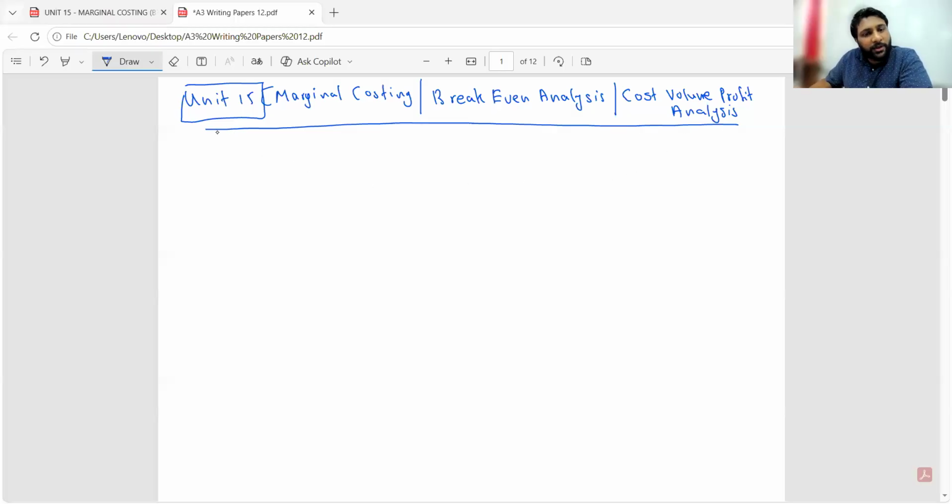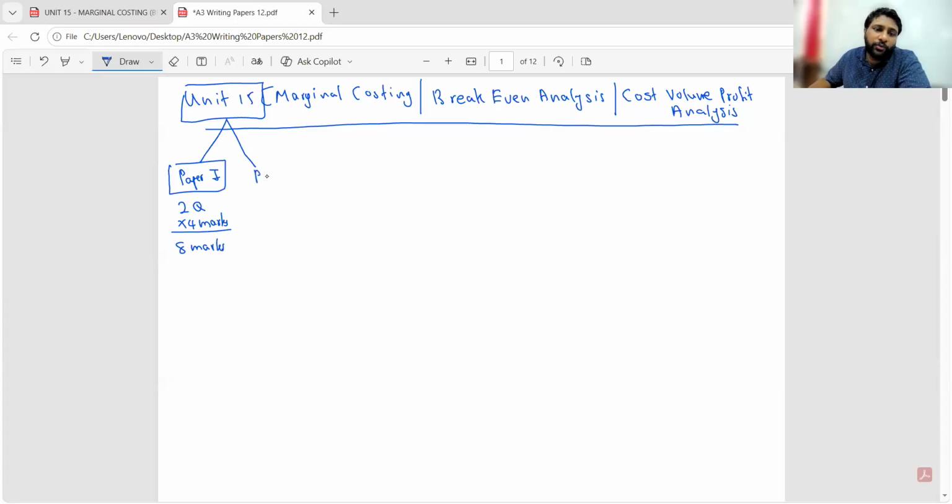If you take this particular unit, generally in your A-level paper, it is tested for 28 marks. How? For paper one, generally you will be getting two questions, each question 4 marks. So here 8 marks.